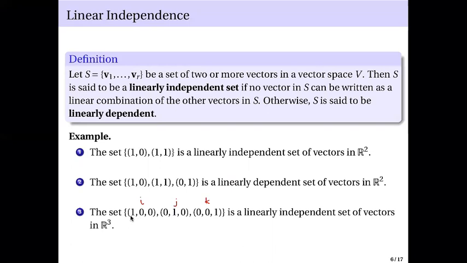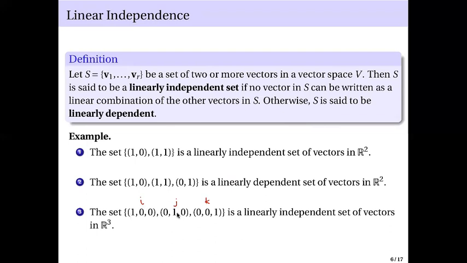And notice, your i only has the first component. Your j only has the second component. Your k only has the third component. So for your i, if your j and k have 0 in their first components, whatever scalars you multiply to j and k, you will not get 1 in the first component of i.